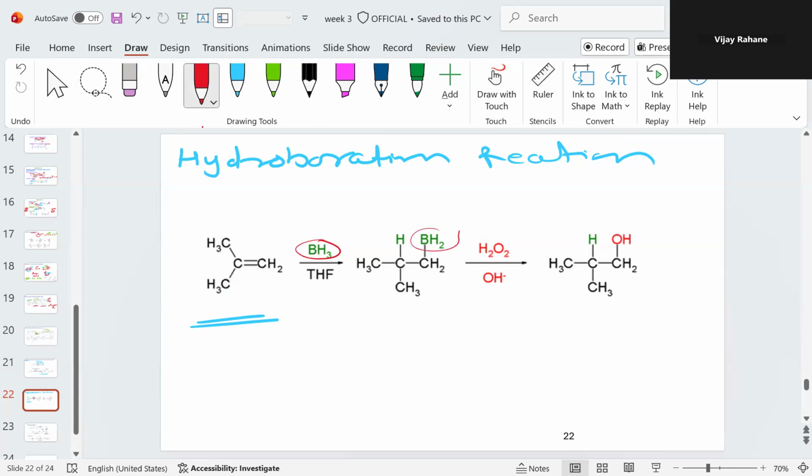This BH2 will be added on the terminal part, and the hydrogen attached on the middle part. And with H2O2 and base, it gives the alcohol on the terminal center.